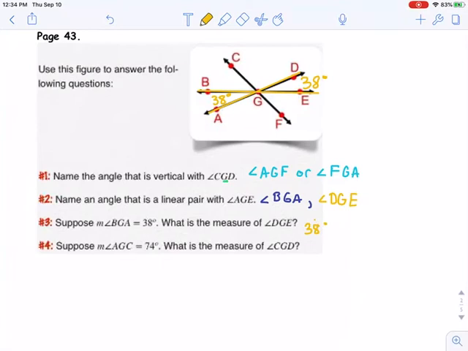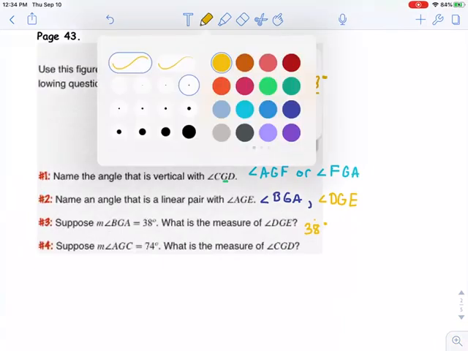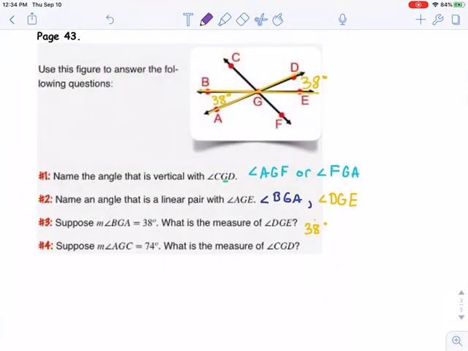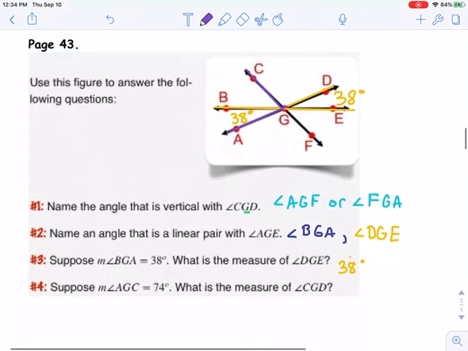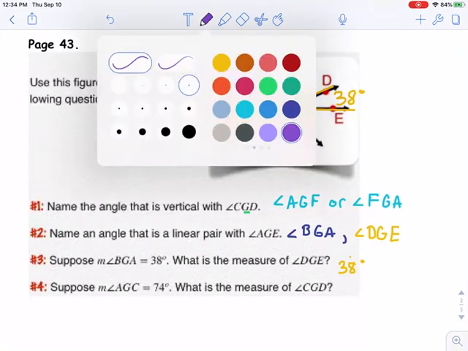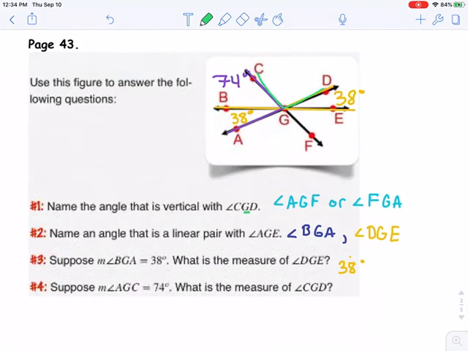And then suppose angle AGC is 74 degrees. What is the measure of angle CGD? Okay, so AGC, this angle right here, is 74 degrees. What is the measure of CGD? This angle here.